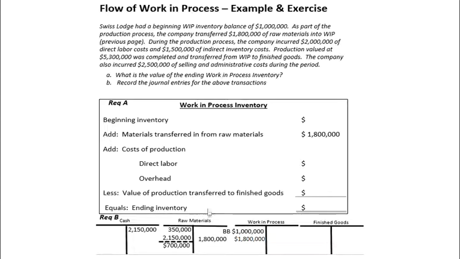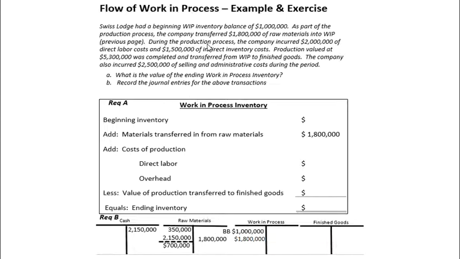So in this case, I've already posted the $1,800,000 that I removed out of raw materials and placed into work in process inventory, because we really did that in the first slide. Also, you can see where I've recreated that entry from the first slide where I debited work in process for $1,800,000 and credited raw materials for $1,800,000.